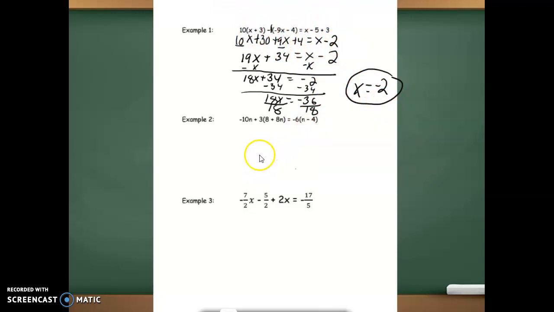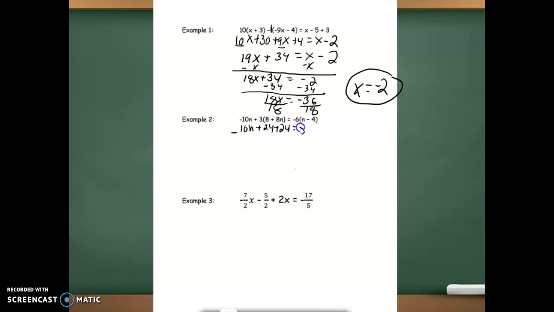Now, if you want to pause, I'll give you a second. You could do this one and then check along with me. Okay, so now I am going to distribute the 3. You could follow along if you've already done the problem.